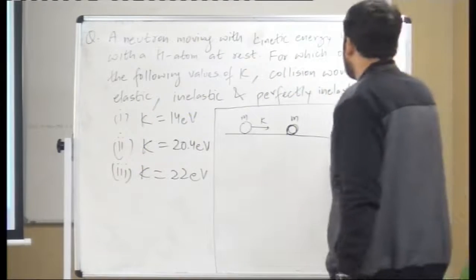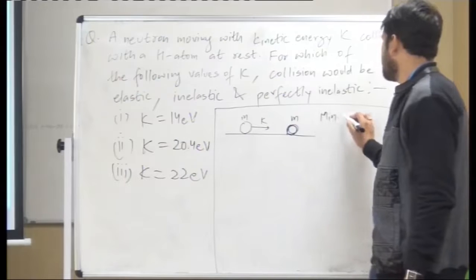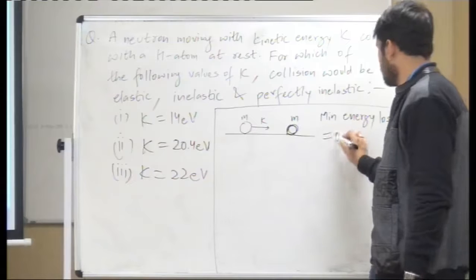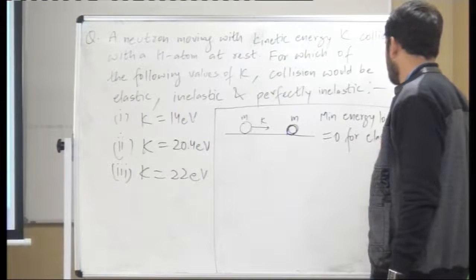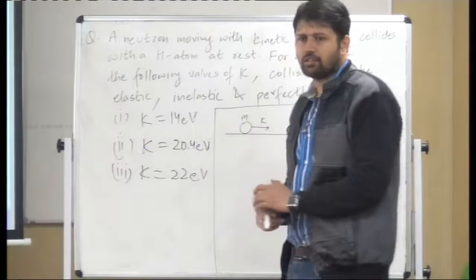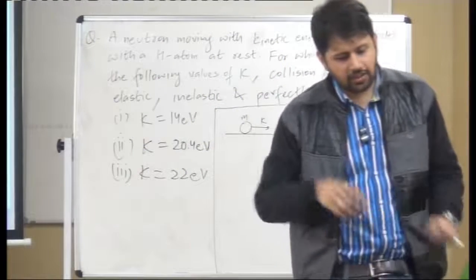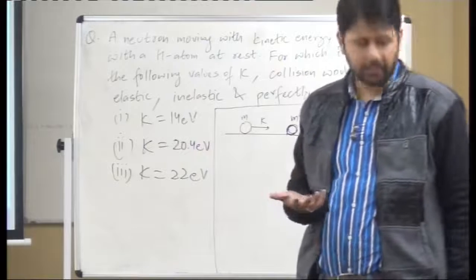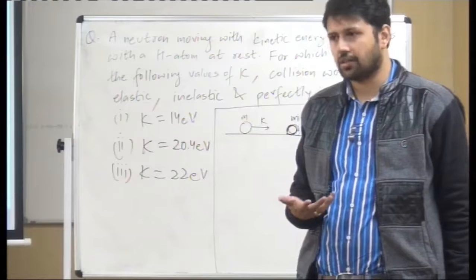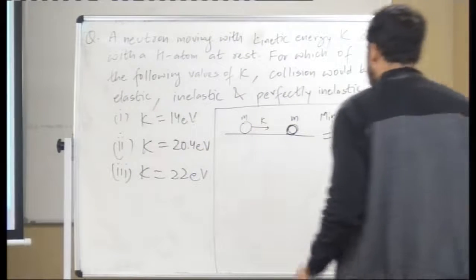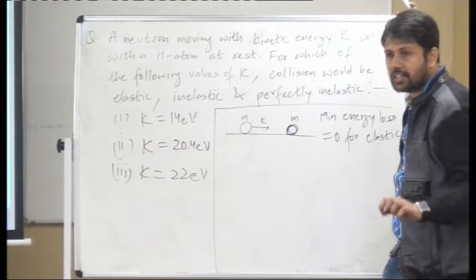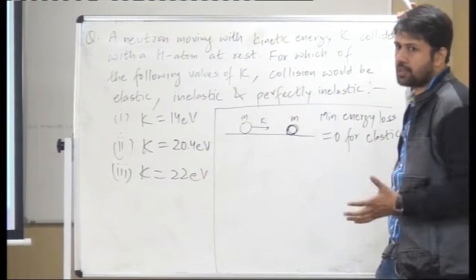Minimum energy loss would be 0 for elastic. For maximum energy loss, what happens? Remember this, energy loss is maximum in case of perfectly inelastic collision. Please be very specific about it.